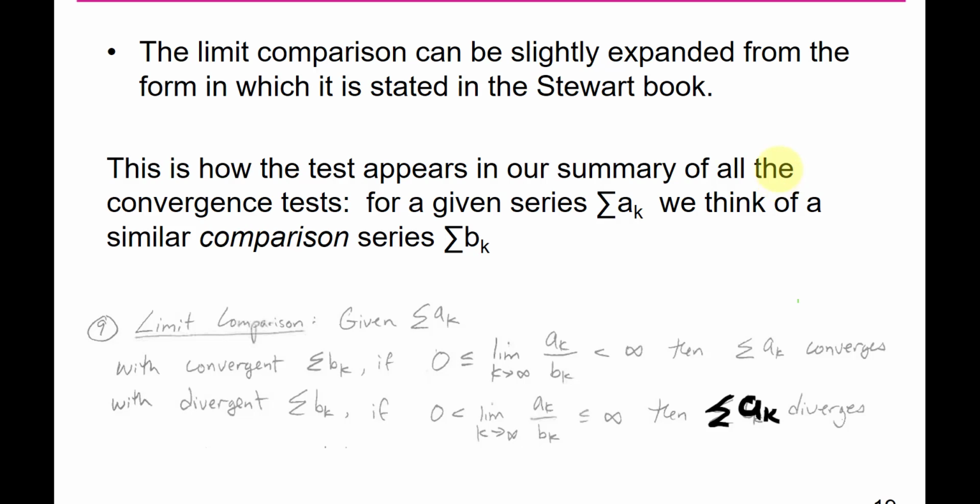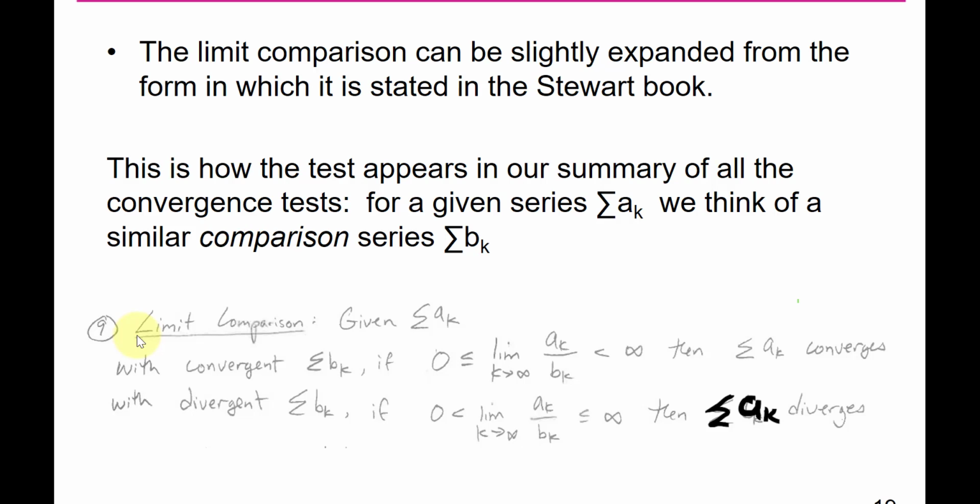It says, for a given infinite series a sub k, under this context we know that it's an infinite series, so we don't have the n equals whatever to infinity. We can think of a similar comparison series that we call b sub k.